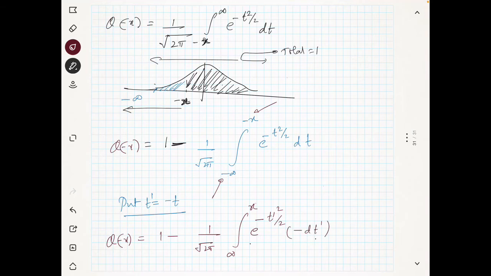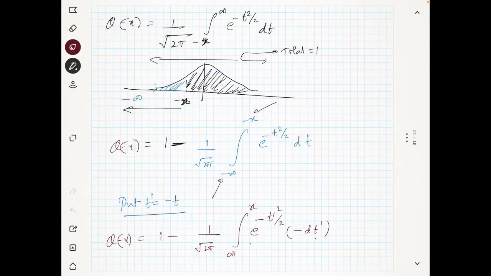Okay, that's it. So this is equal to 1 minus 1 by root 2 pi, and you can see here there is a minus sign here and there is a minus sign here.